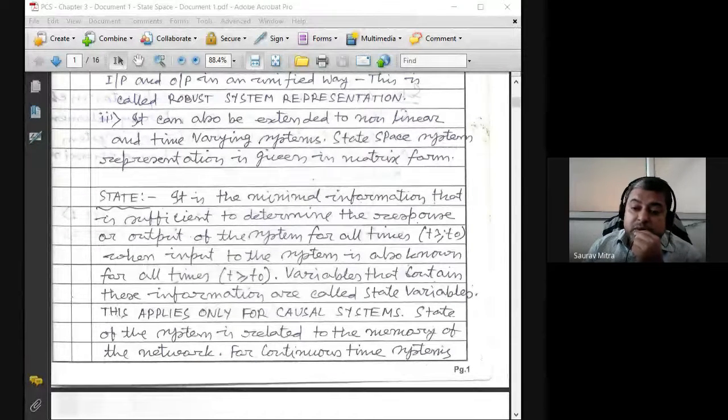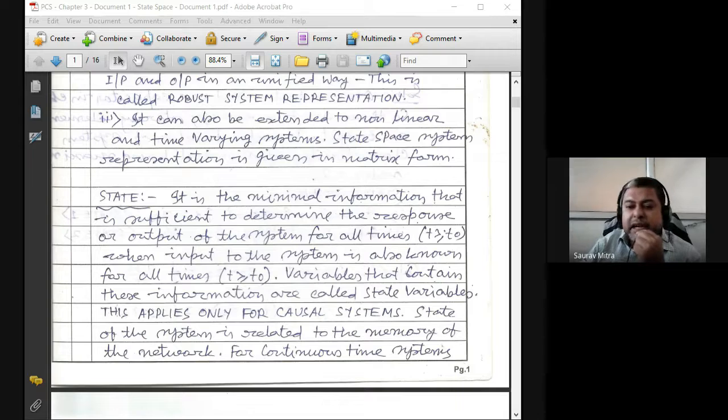Order of the system is more. Maybe there are 100 main factors which are defining the Indian economy. So it's a 100th order system. In that case, the transfer function will start at s raised to 100 plus something of s raised to 99 plus something of s raised to 98. Likewise, it will go to s raised to 0. Okay, so this is a brief explanation about state and state variable.